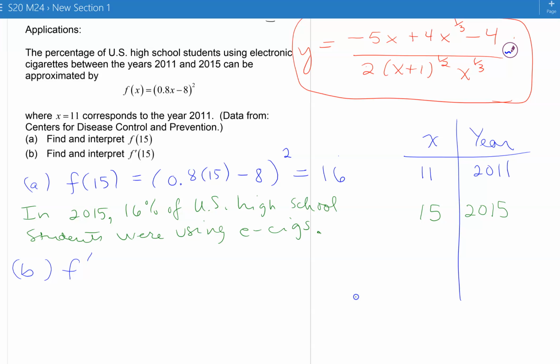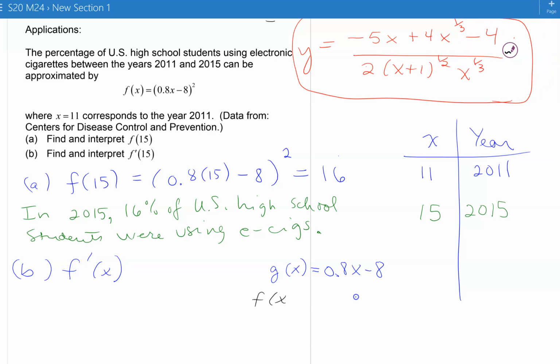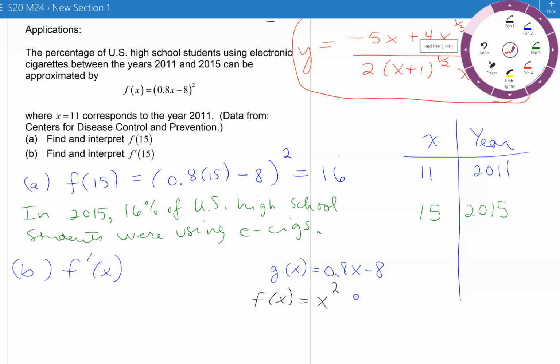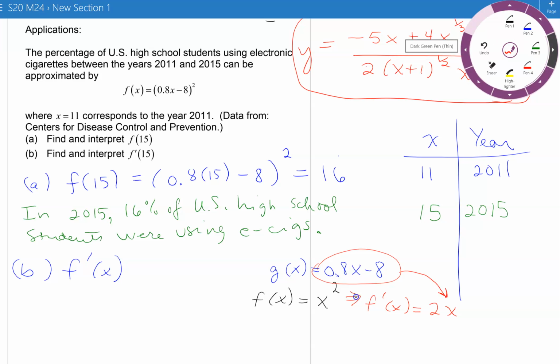Okay, so then the B part says find f prime of 15. So we're going to first have to find f prime of x. Well, let's see, our inside function is the 0.8x minus 8. And my outside function is the squaring. So my derivative of f is 2x, and then I need to put the g function into the f prime.